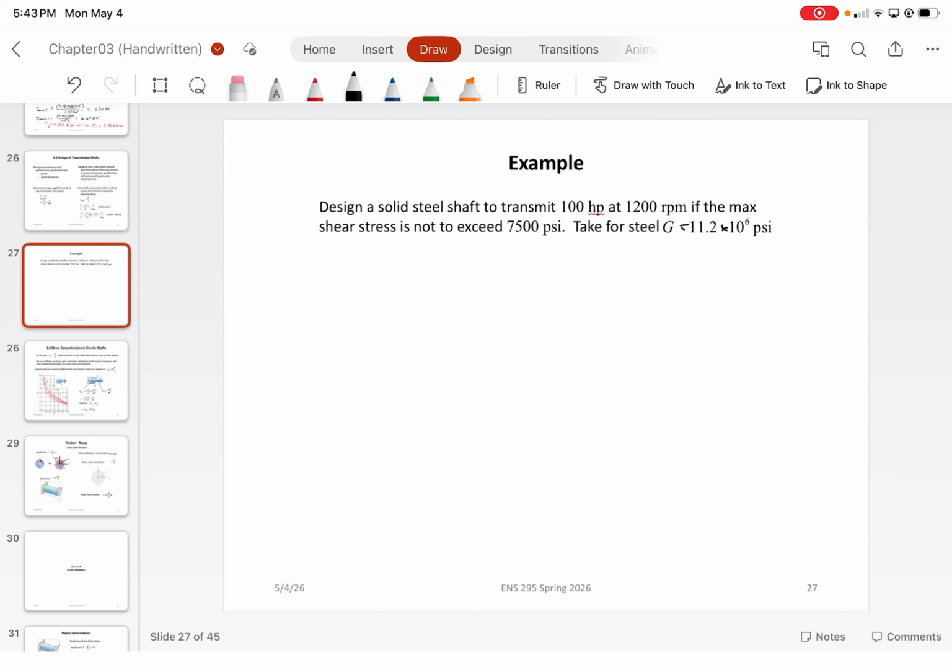Let me look at these notes again. Okay, so we know that the shear stress is not to exceed 7,500 PSI. What does that mean? Do you remember what the maximum shear stress of steel is?